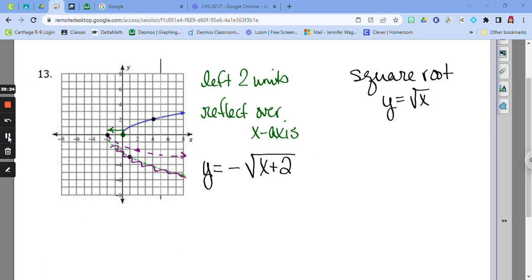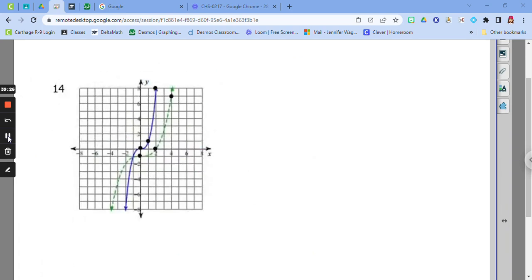14. We have a cubic. From the original, we have it shifting down 1 unit.